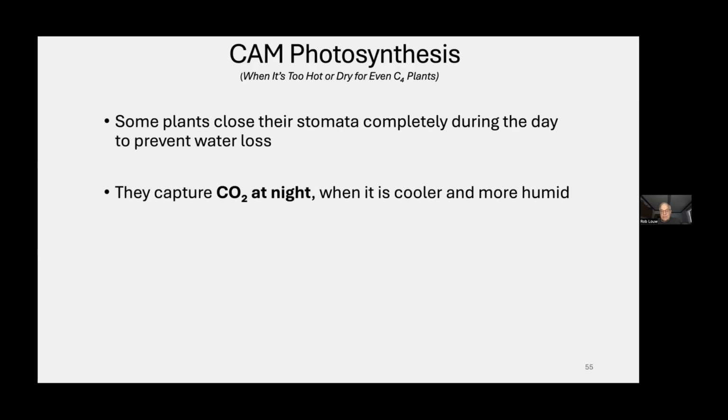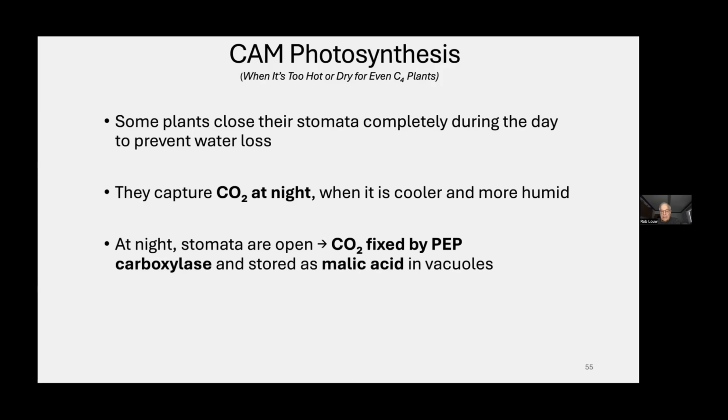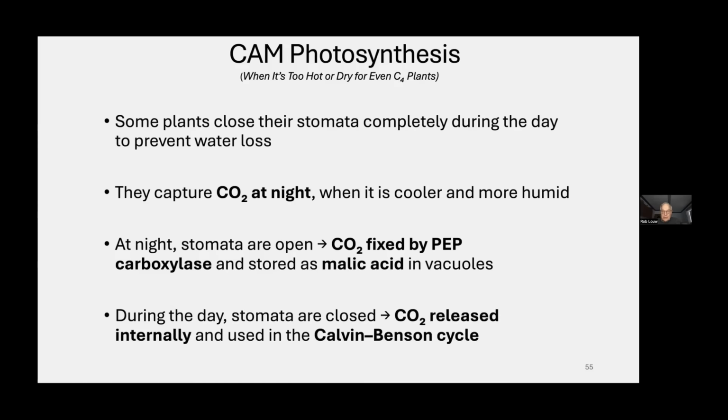They capture carbon dioxide at night when it is cooler and more humid. At night, the stomata open, CO2 is fixed by PEP carboxylase and stored as malic acid in vacuoles. And then during the day, the stomata are closed, and CO2 is released internally and used in the Calvin-Benson cycle.